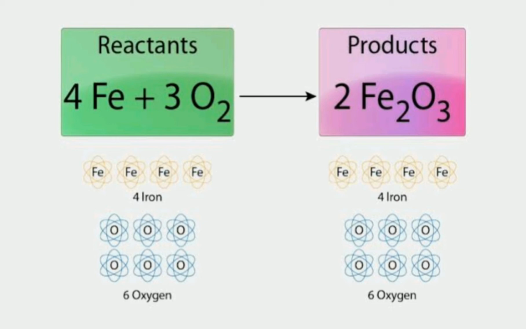Now both sides have 6 oxygen atoms. Now the iron atoms on the left and right side are not balanced. In order to balance the iron atoms, Fe on the left side is multiplied by 4. Now there are 4 iron atoms on both sides. So the equation becomes 4Fe plus 3O2 gives 2Fe2O3.